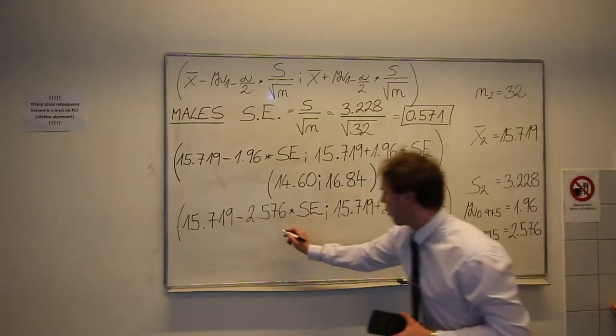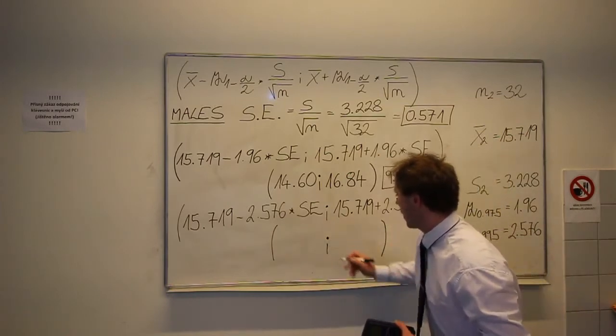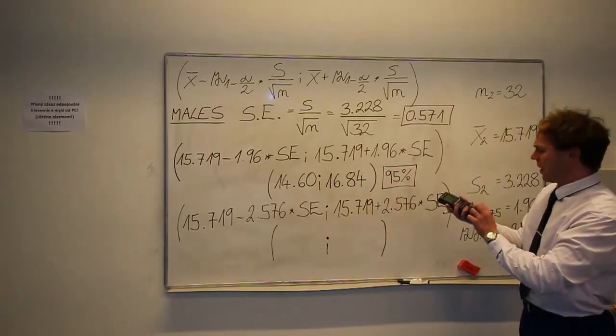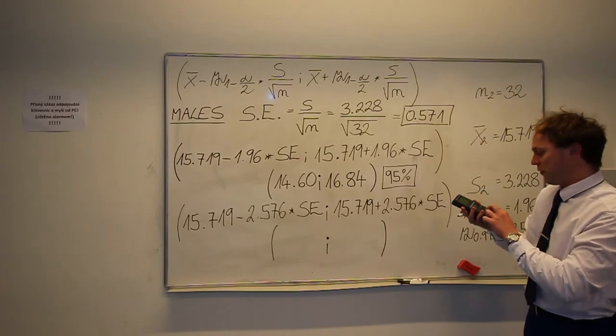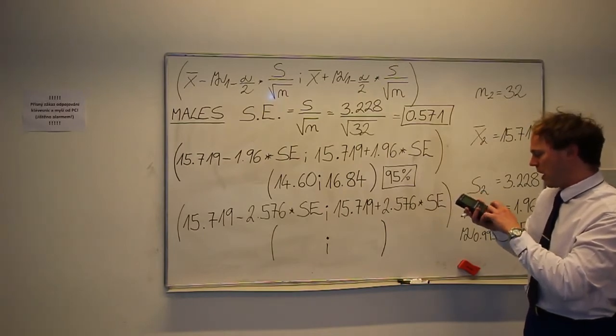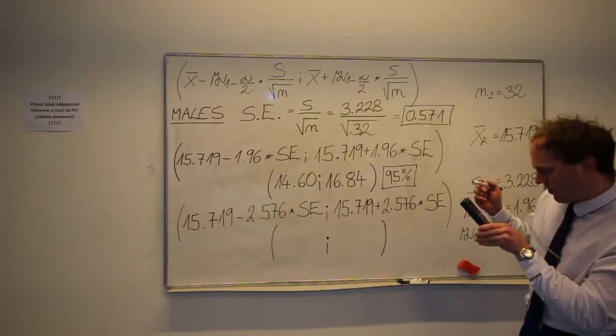Okay, so left side, right side, and 0.571 times 2.576, 15.719 minus this result, 14.25.